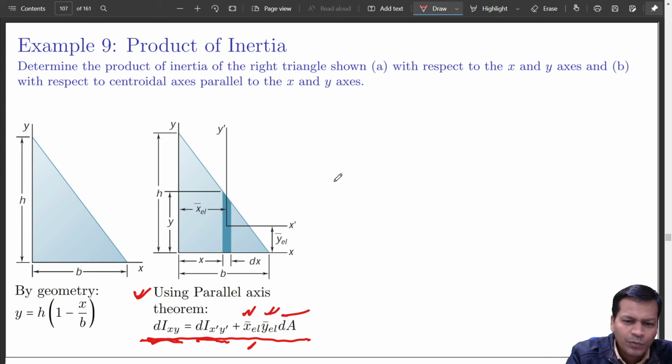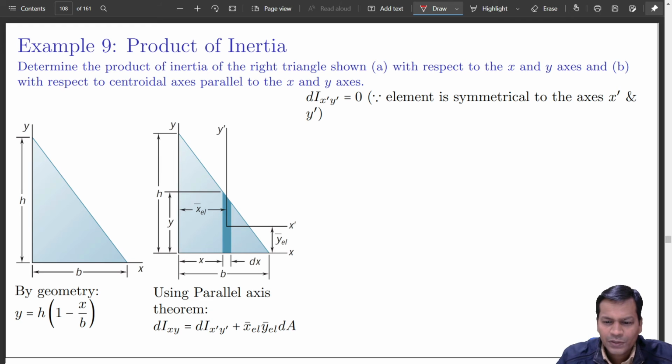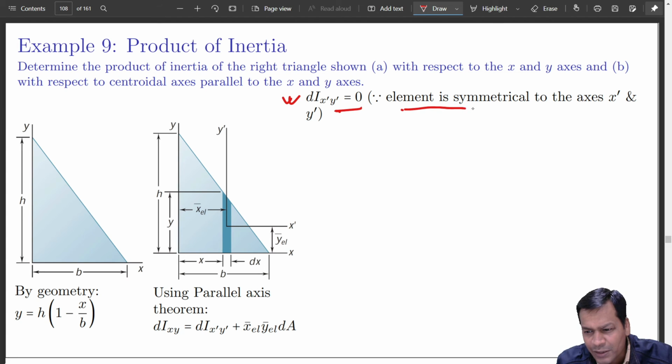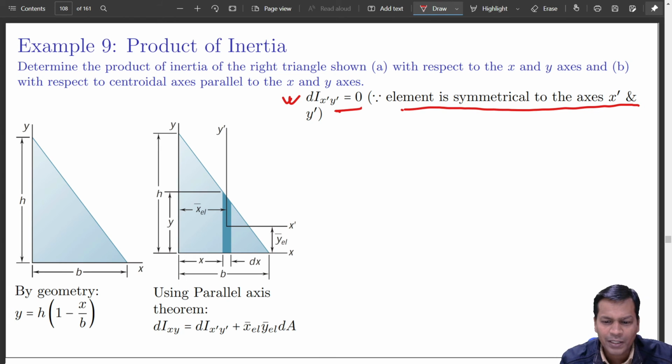Now d of x bar y bar is equal to 0, since the element is symmetrical about x bar. About this axis it should be equal to 0, because it is an axis passing through the element's own centroid.